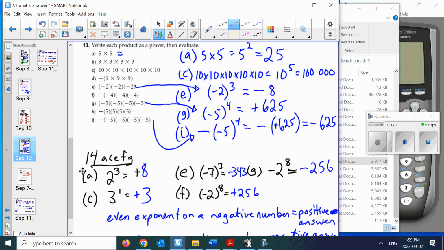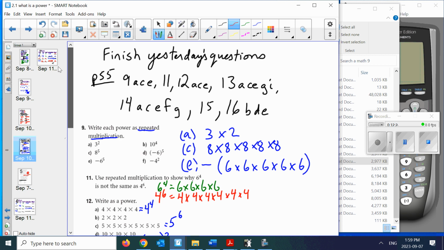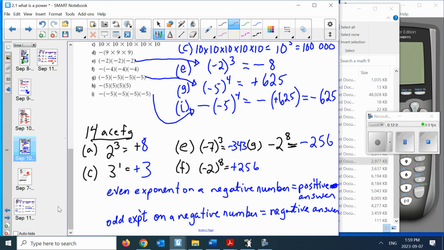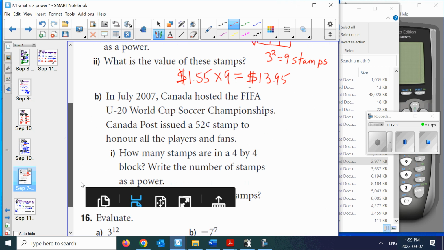Yes? I'm going to scroll back up and see in a second. Somebody has a message they forgot to turn off. BDE for 16. I will just flip over here. By the way, A and B are the same question, just different place for the stamps and the 4x4.